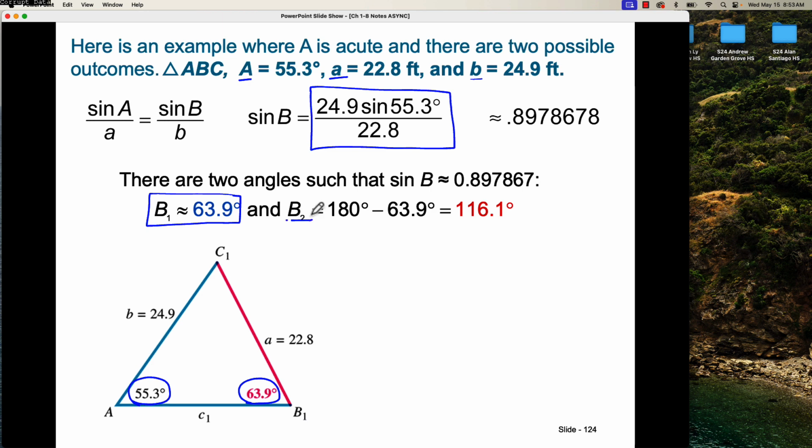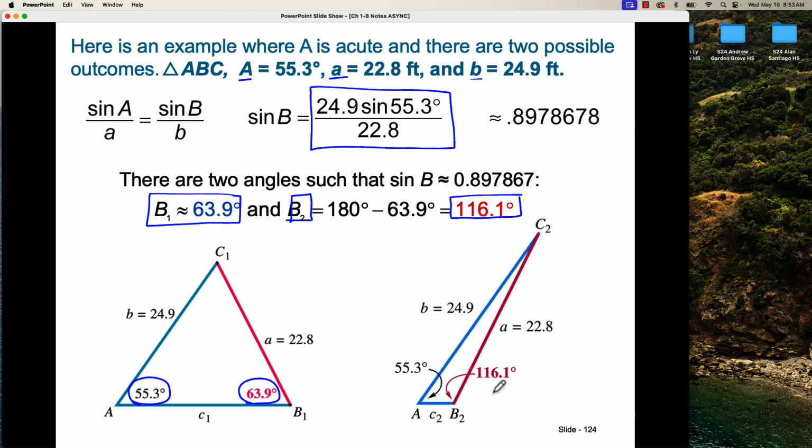If B sub 2 is equal to 116.1 degrees, that would look like this here. Angle B sub 2, the given angle, the given two side lengths, and we can construct this triangle here. So this is a nice example of that case where two triangles could exist.